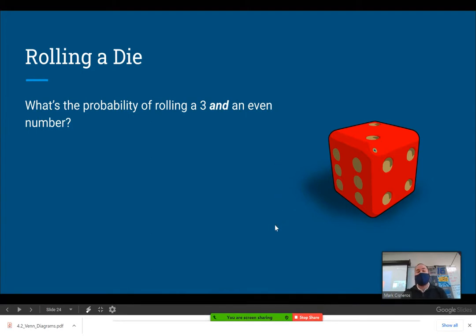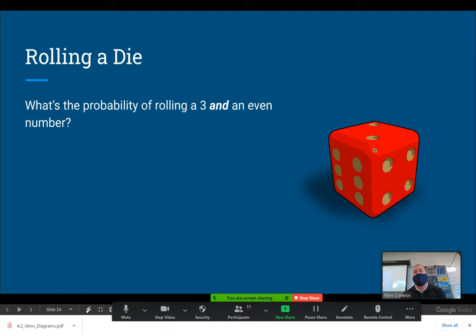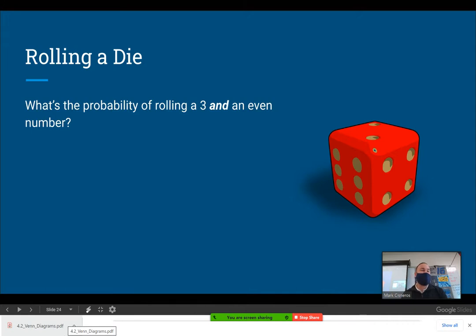What's the probability of rolling a 3 and an even number? Think about this one before. Four out of 6? Why? Because there's 3 even numbers.